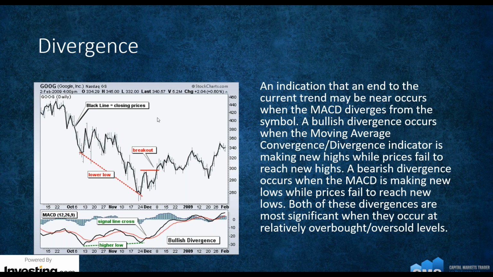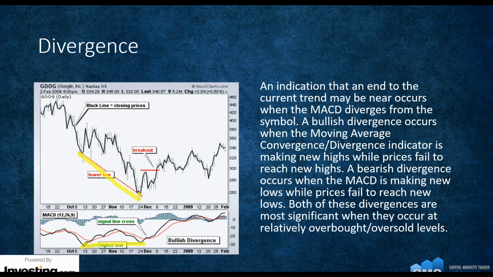So in other words, here we see price in a downtrend, and price is making lower lows, because that's what defines a downtrend, while the MACD line, the MACD value, is making higher lows.